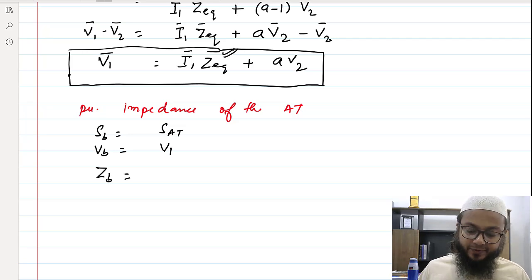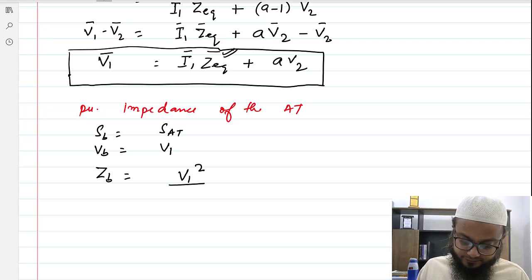So what would be Z base here? Z base would be V1 whole square upon S auto transformer. So what would be Z equivalent per unit for the auto transformer?